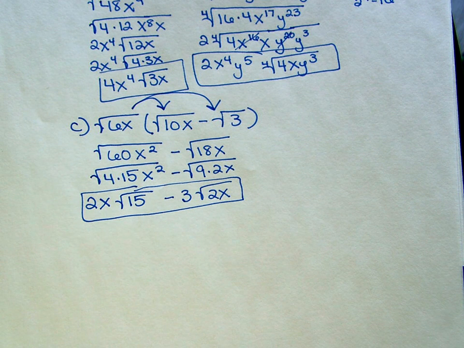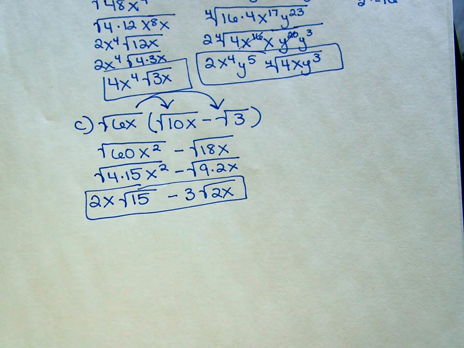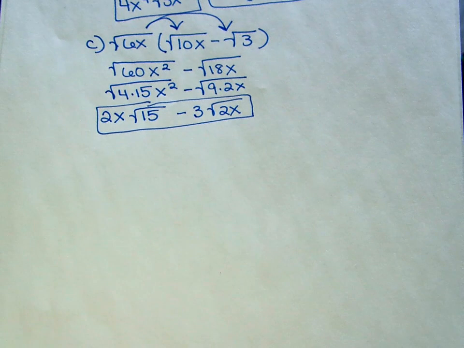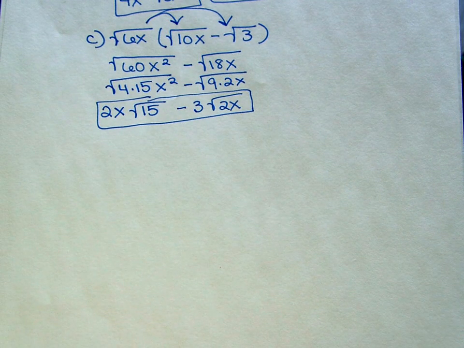So that is as far as we can take it. So you distribute, then you simplify, and if possible, we can combine further, but we weren't able to do that on this problem. Good-ish.